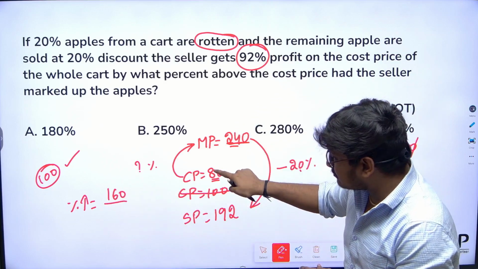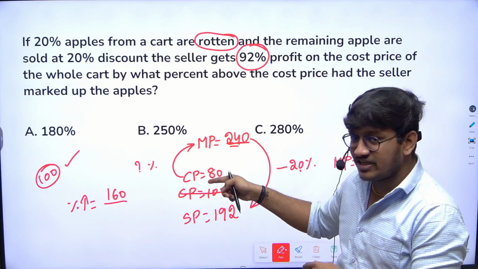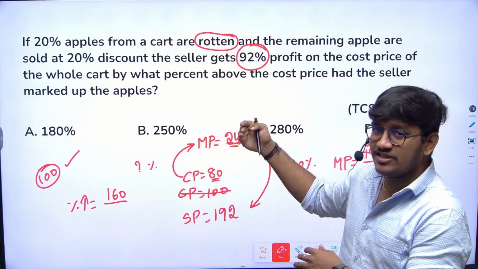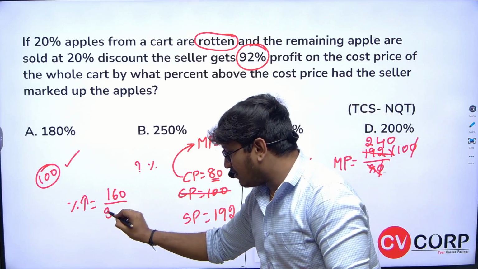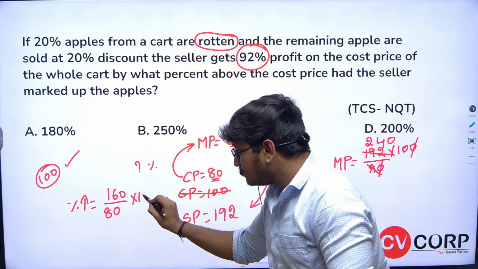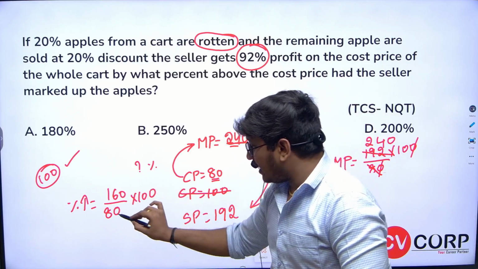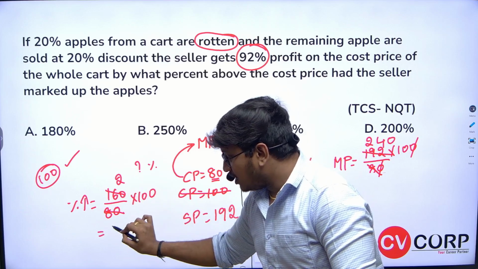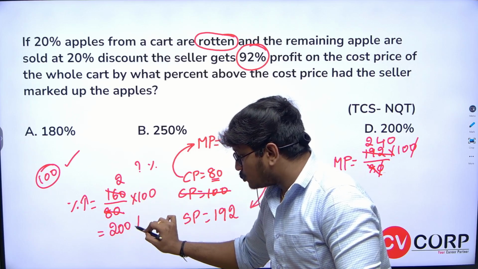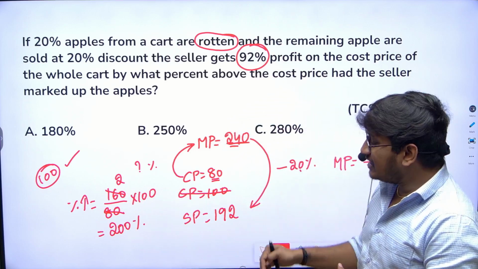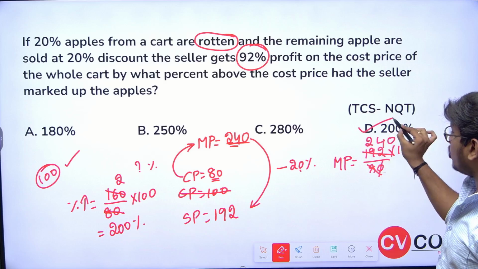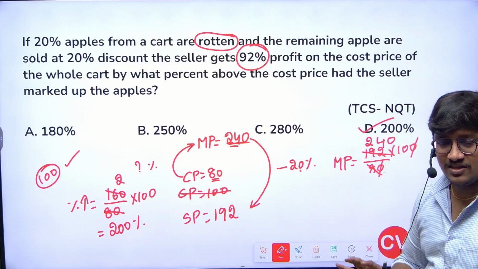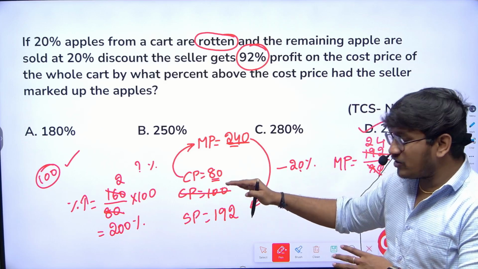Obviously it is increasing from 80 to 240. This is the base value we have to consider, into 100. So 80 once, 80 two times, 2 into 100 is 200 percent. So from cost price he increased 200 percent. Option D is correct.